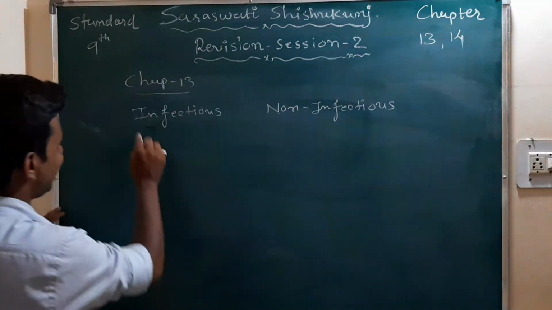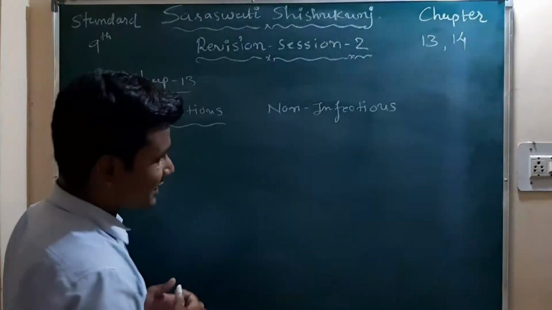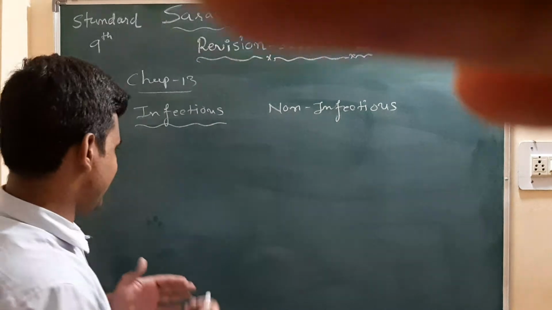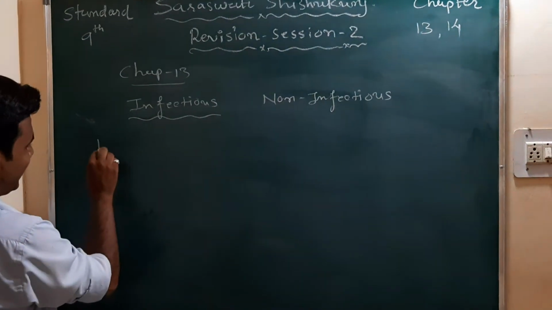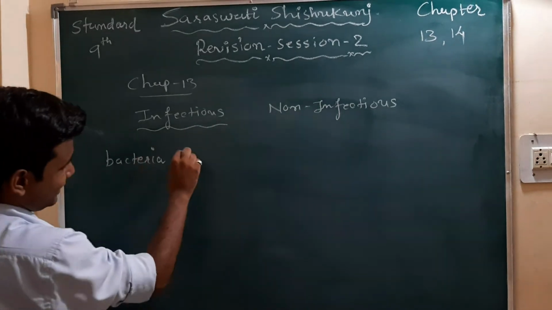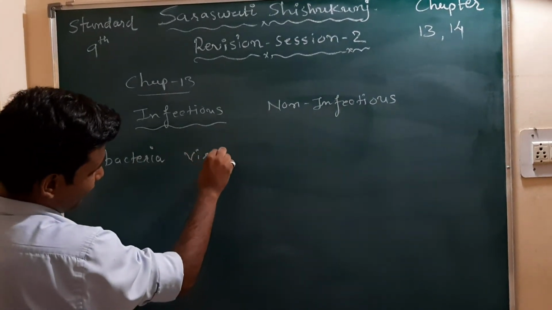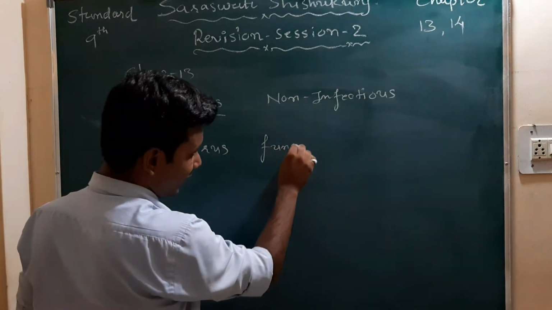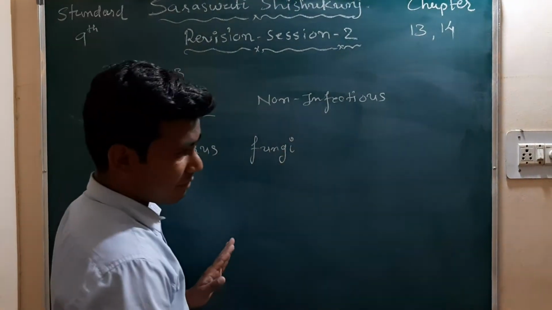We have studied that infectious disease can be caused by different factors, right? Like bacteria, so that will be a bacterial disease. By different types of virus, so that will be our viral disease. By fungi, so that will be our fungal disease.